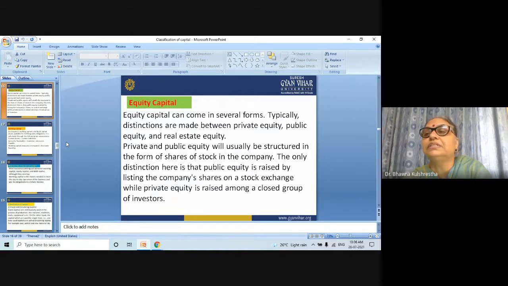The biggest splashes in the world of raising equity capital in 2020 were new issues from young companies. The next is working capital.